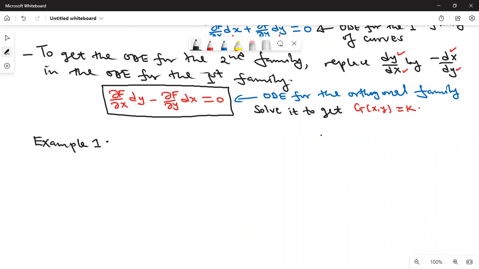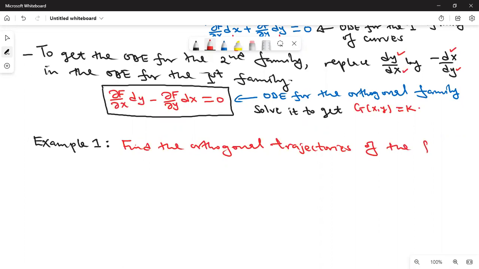Example number one. Find the orthogonal trajectories of the following family of curves.